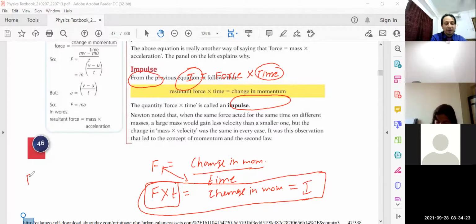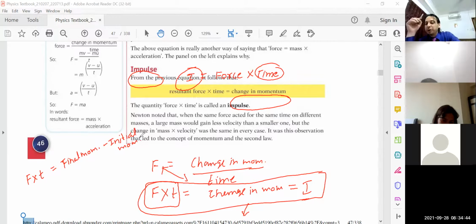I can write this result in another way. F into t, F multiplied by t is equal to, I know this is change in momentum. So change in momentum means final momentum minus initial momentum. That is the meaning.